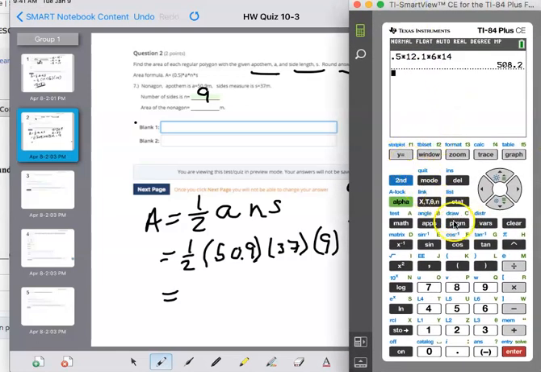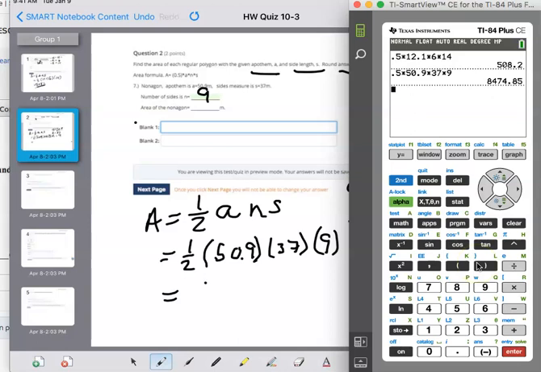So once again, we're going to go 0.5, same as a half, times 50.9 times 37 times 9. And it's 8,474.9.